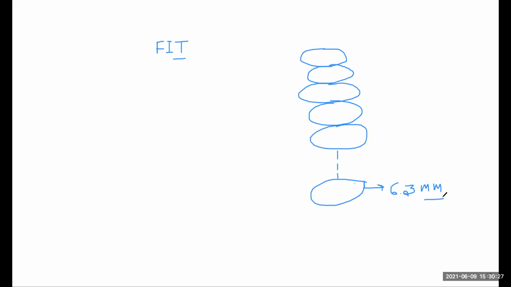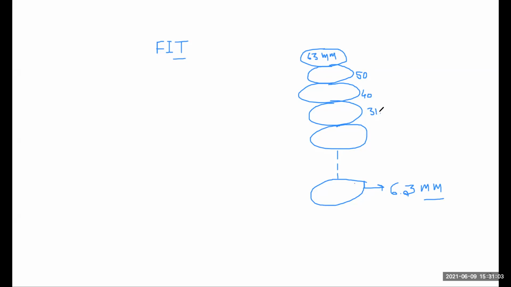I take the sieves in such a manner: this is my 63 mm sieve, this is my 50 mm sieve, here 50 mm is written. You have already seen these sieves. Then we have the 40 mm sieve, then the 31.5 mm sieve, and so on.